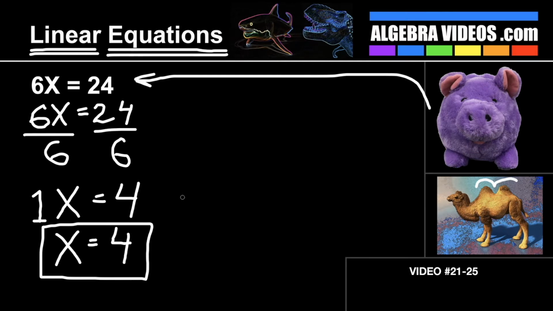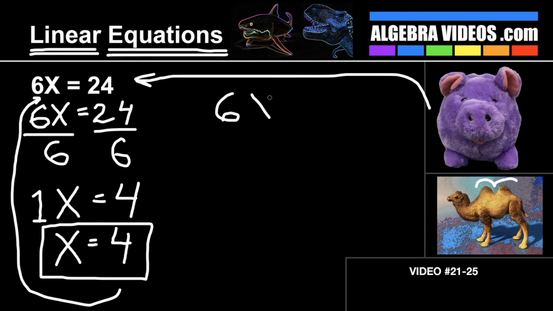Now, if you want to check and make sure we did it right, we can plug this 4 back into our original equation for x and see if the equation is true. That way we'll make sure it's the right answer. So I'm going to rewrite our original equation, 6x equals 24.